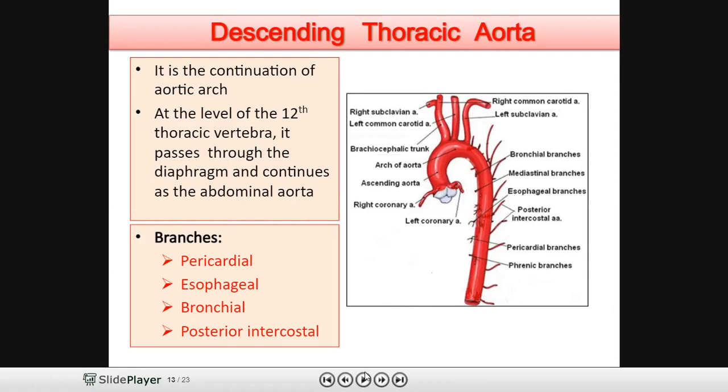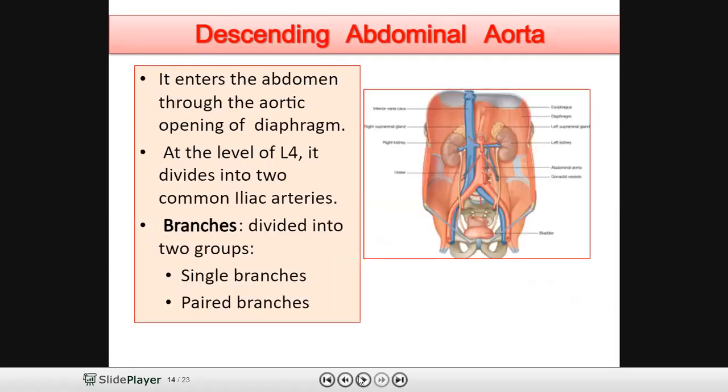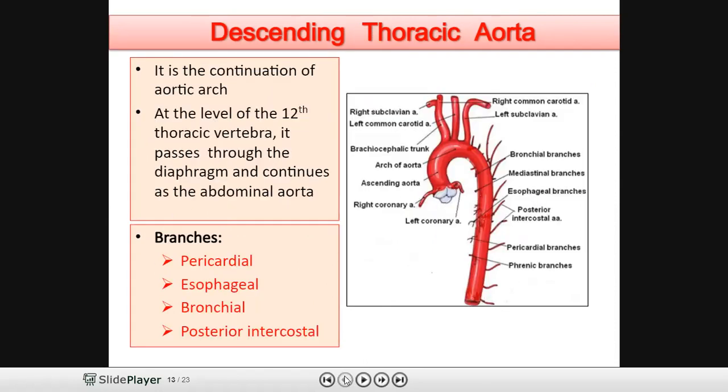Good. So let's quickly remember that. Descending thoracic aorta will give off pericardial branches, esophageal branches, bronchial branches, and posterior intercostal branches. These are the main branches. Of course, there is also a phrenic branch that goes to supply the diaphragm.